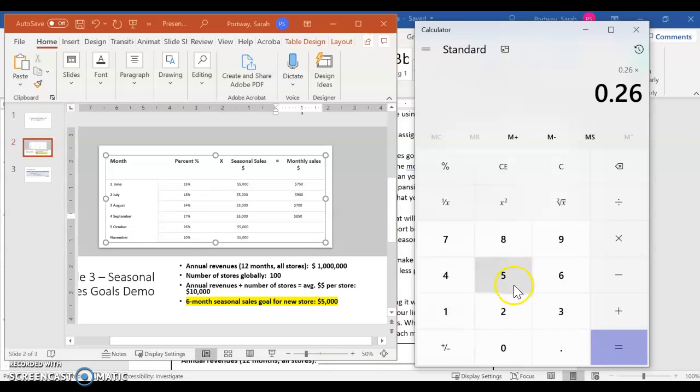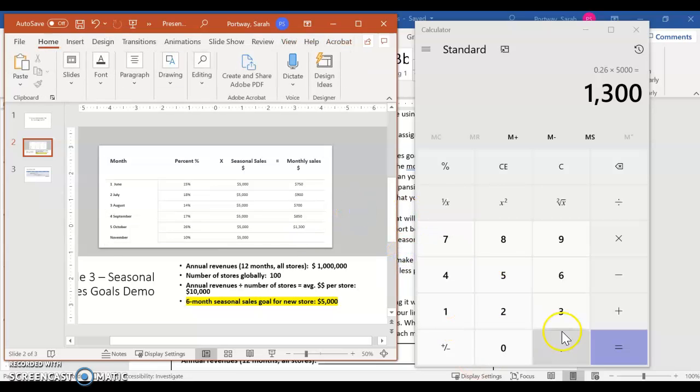Then we got our big month. We have a special event in that month, or we know that it's warm weather maybe, and so more people are shopping in our shopping area at that time. You can make those decisions for yourself based on some research in your business.